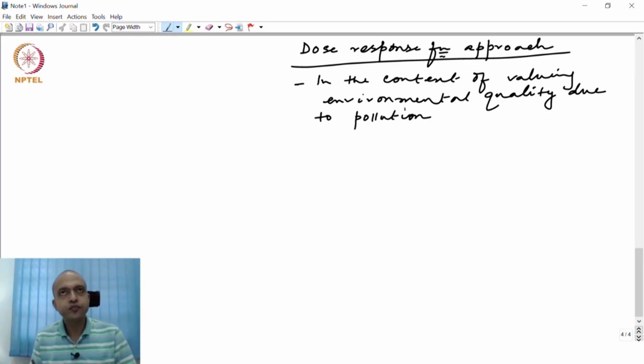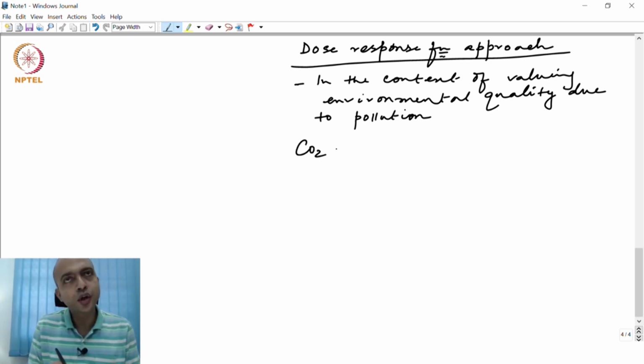For example, when economic activities take place in the process of producing many goods and services, we all know that production automatically generates different types of undesirable byproducts with detrimental impact on the environment. Let us say that in the process of production, we generate mainly two types of pollutants. One is CO2 and another one is SO2.